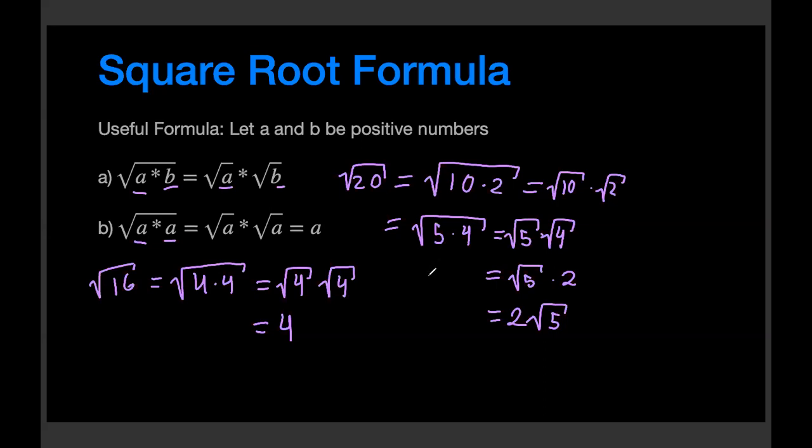Yeah, 5 is a prime number. We could break this up more. We could have said 5 times 4, and if you want to break this up into prime numbers, we could have broken 4 up into 2 and 2, because 2 is prime. And that's kind of how we break things up. So let's do some examples.